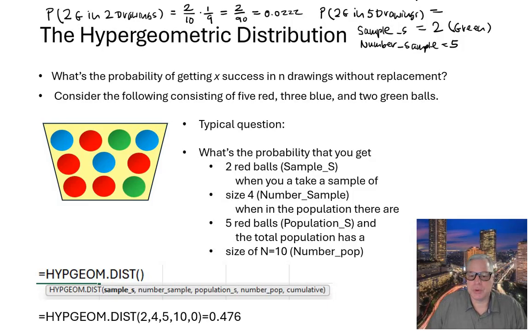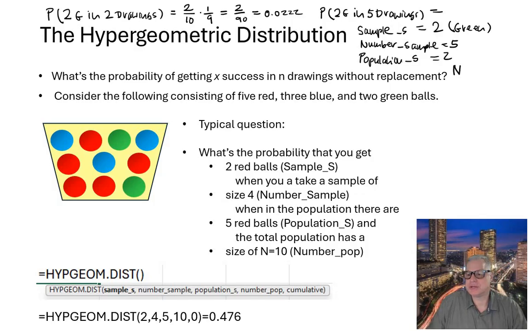Then Excel wants to know next the population successes. It wants to know how many successes, which are our green balls, are in the population. That is 2, so there are 2 green balls in the entire population, and we want to draw both of them in our sample of 5. And the last question is, what is the total number of balls?